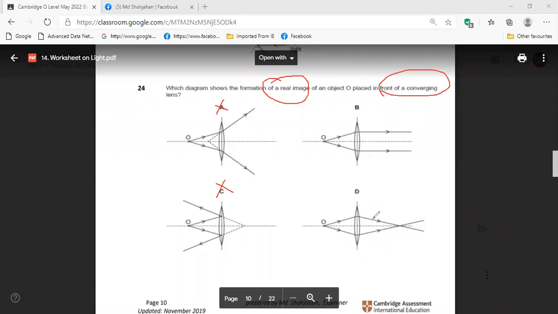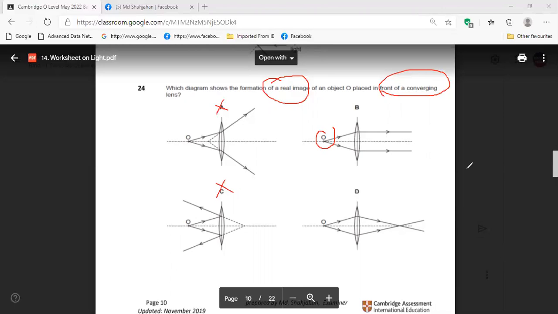B was chosen by Mahi and Monica previously. Most probably they were thinking that this one is the focal length, and from the focal length, if the rays are going, then they are going parallel to the other side.